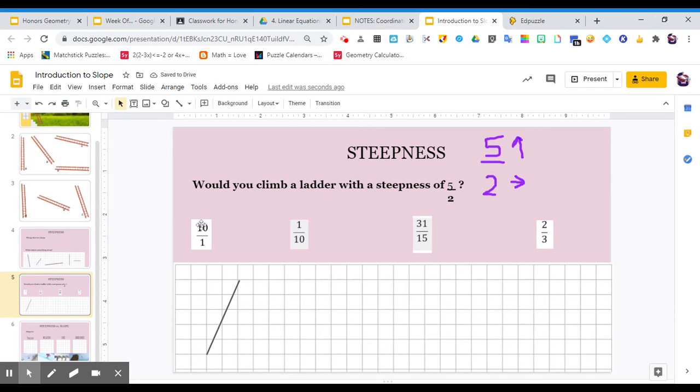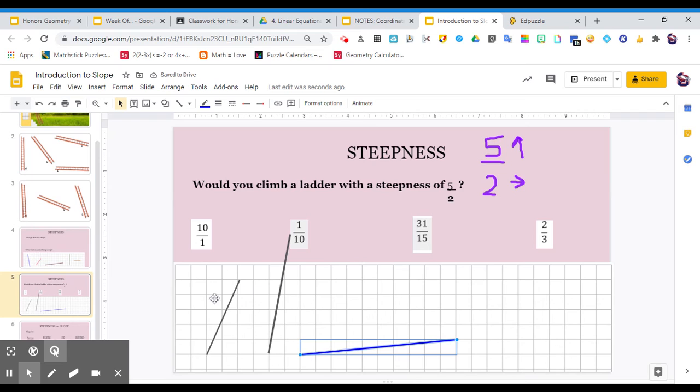All right, I want you to take a minute and think about these other ones. Pause the video and decide which ones are steep, which ladders you think you would climb. When you're done, unpause and come back and let's take a look. Okay, I drew some more of these. One of these is 10 over 1, and one of them is 1 over 10.